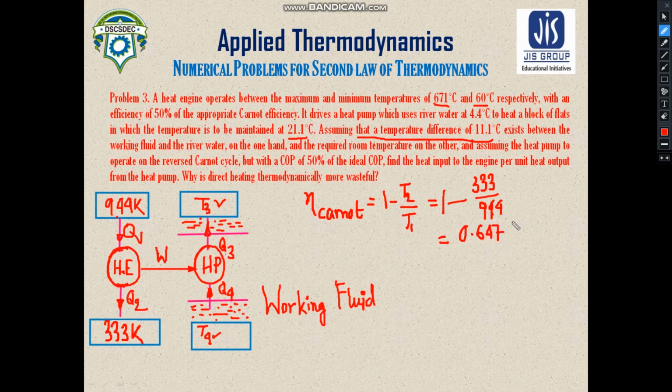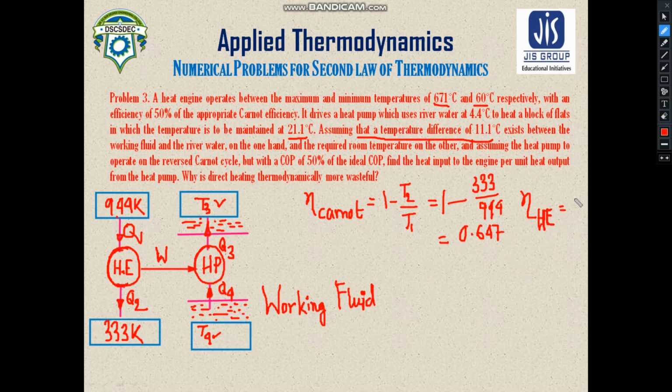Now the original efficiency of the heat engine, now we can write eta heat engine. Okay, so this will be the original one, right? So this will be the original efficiency of the heat engine. So just give me some time, I'll write in a clear way.